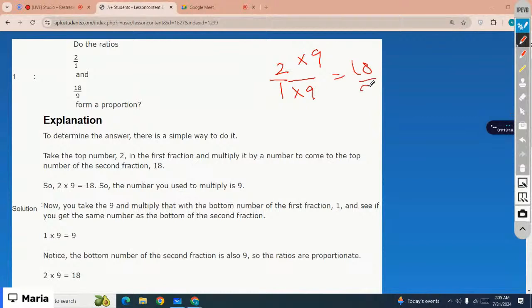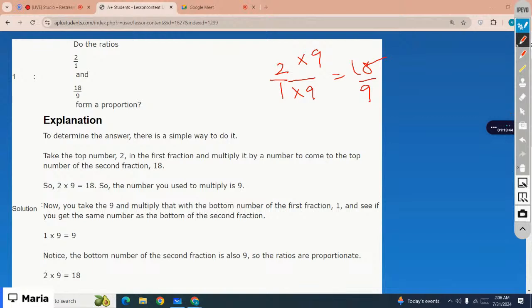So 9 times 2 is 18. You multiplied the first fraction by 9 and you can have the second fraction, right? That means they are a proportion. If you multiply or divide the first fraction by a specific number and you can have the second one, that means they are a proportion, right? So yes, 2 by 1 and 18 by 9 are a proportion. Got it?